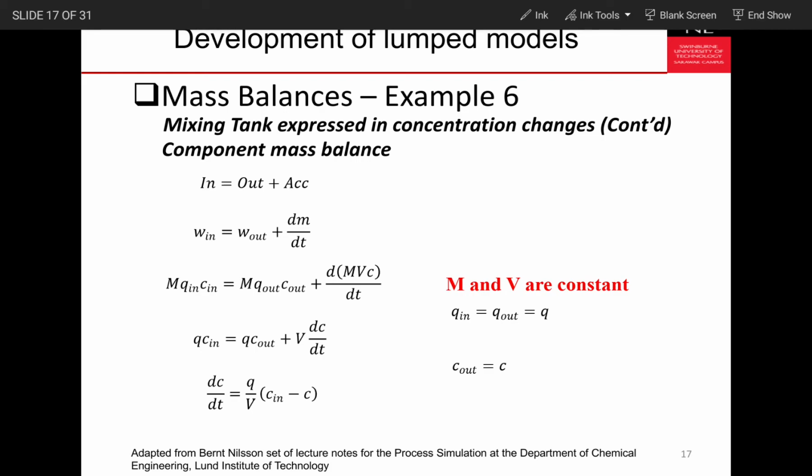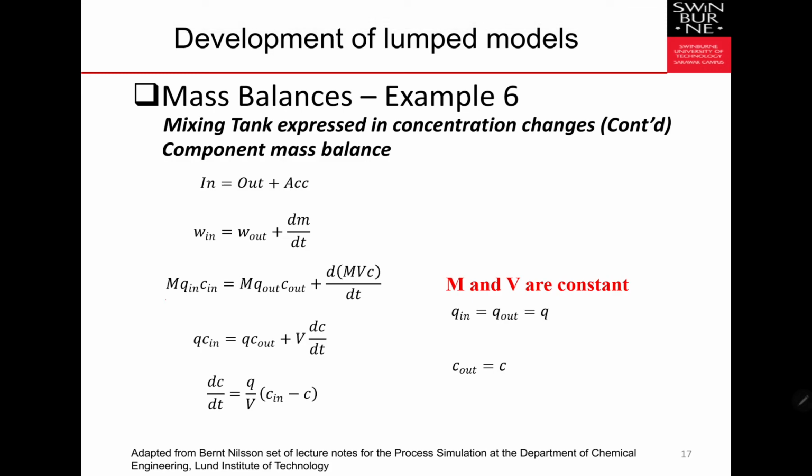Note that we need to always check the units in here. So this should be gram per mole multiplied by meter cube per second multiplied by mole per meter cube. Likewise we need to check this term as well, because this term will be equivalent to this term in terms of the units.